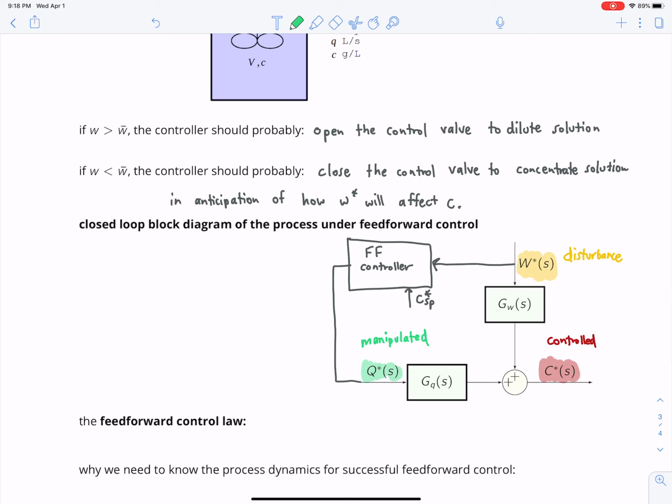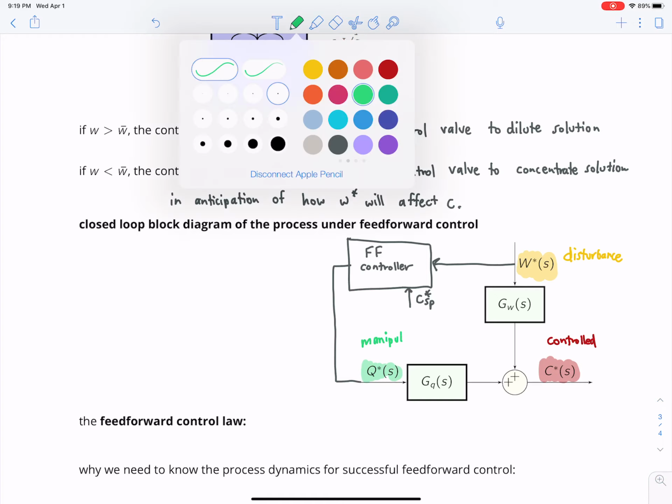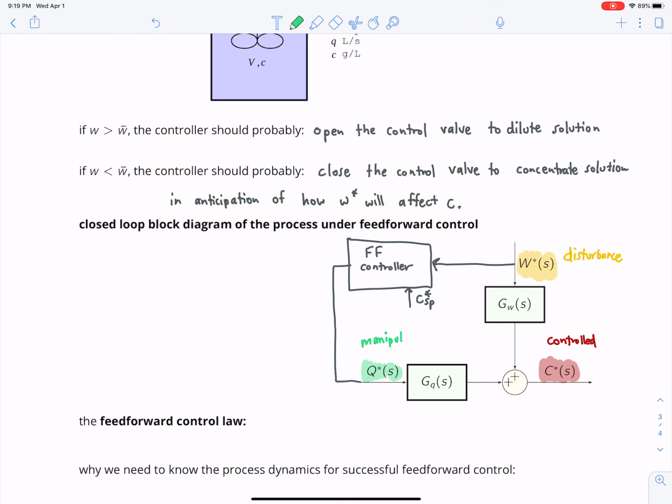Again, there is usually a control valve because the feed-forward controller outputs a pneumatic signal to the control valve, but we're simplifying it for now and pretending the feed-forward controller directly tells the manipulated variable what to do. So this is a simplified block diagram of the feed-forward controller.